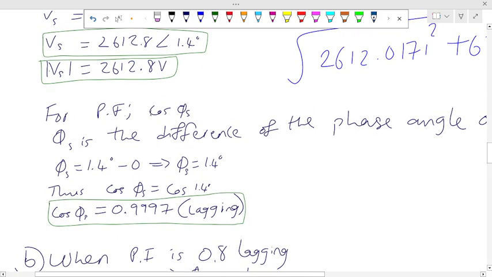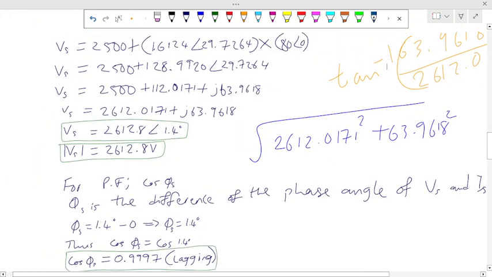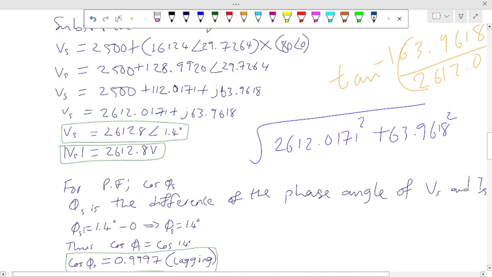Now for the power factor, which is cos phi s, this phase angle is the difference between the phase angle of the voltage and current. Since it's the difference, that means the phase angle of the voltage, 1.4, minus the phase angle of the current, which we got to be 0.